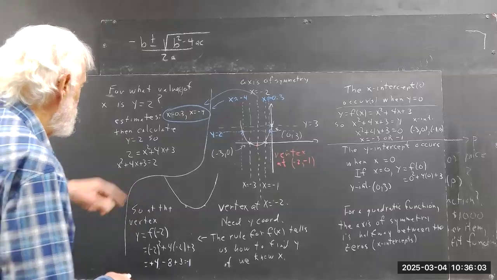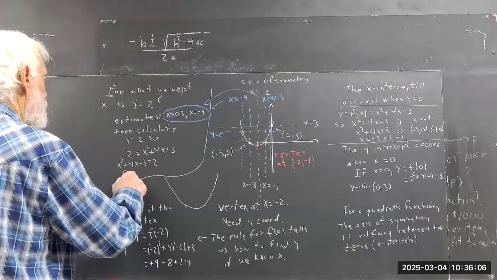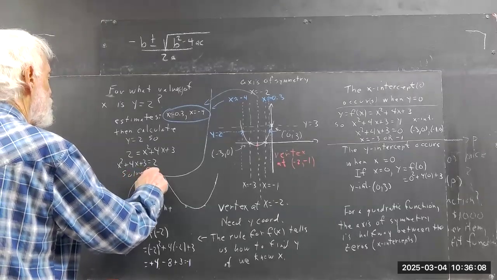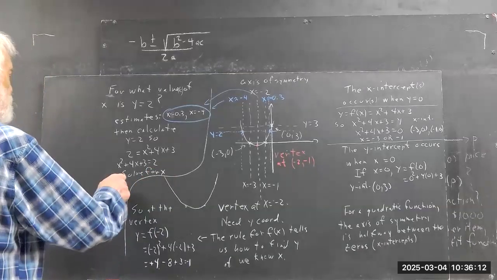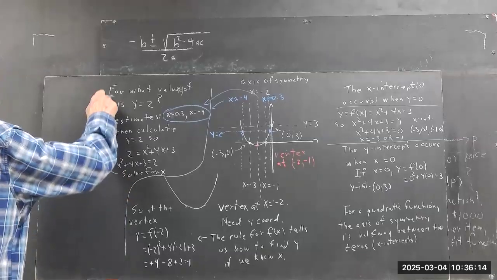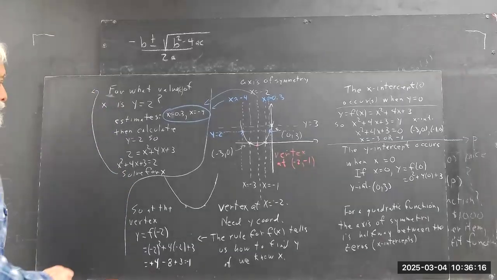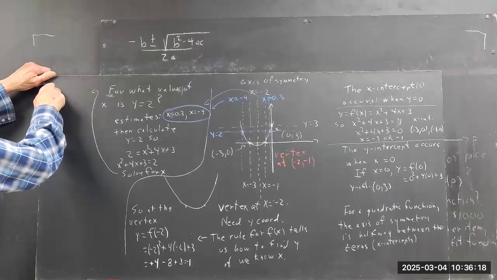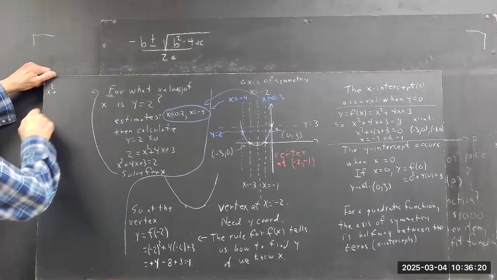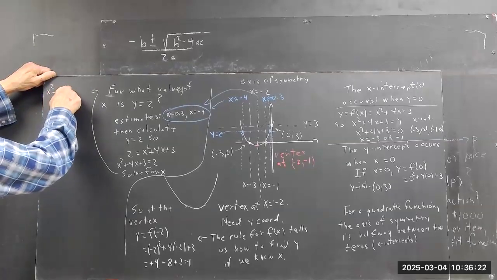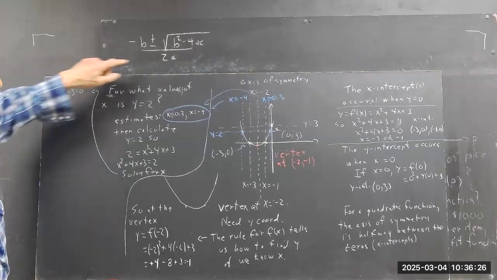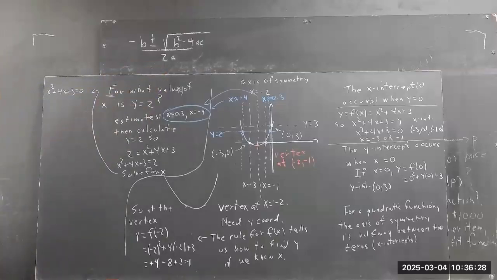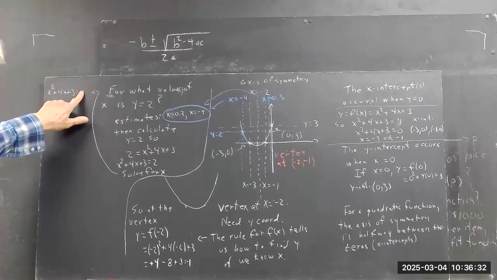Okay. So what we do is we solve for x. Well, I'll give myself room to do this. So I'm going to rewrite the equation x squared plus 4x plus 3 equals 2. Now, the quadratic formula only applies if I've got 0 over here.